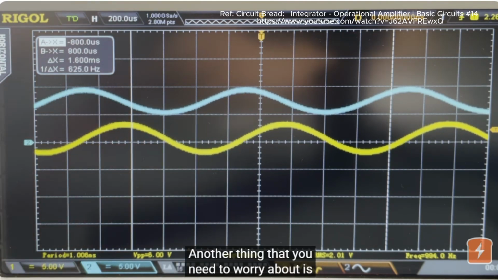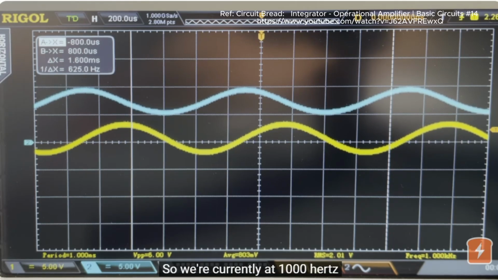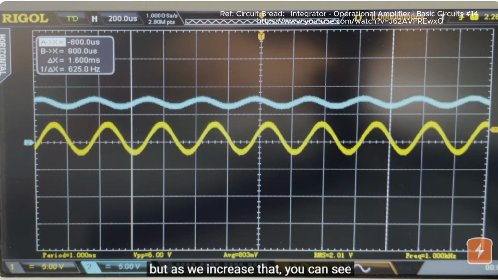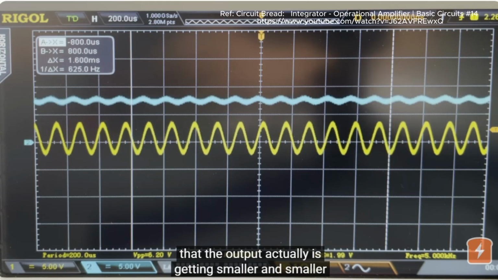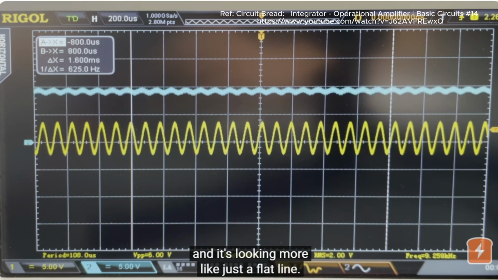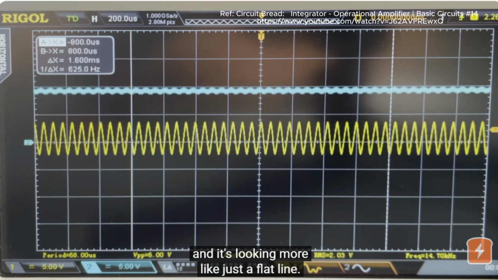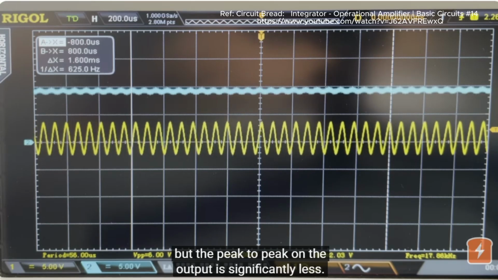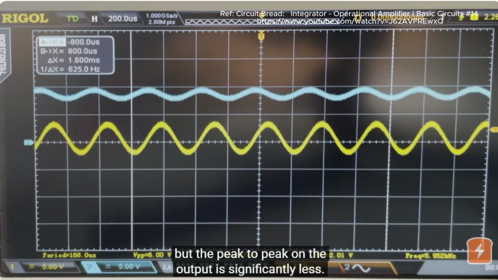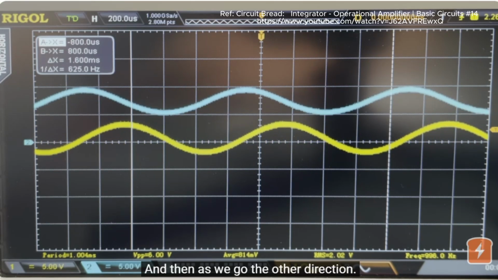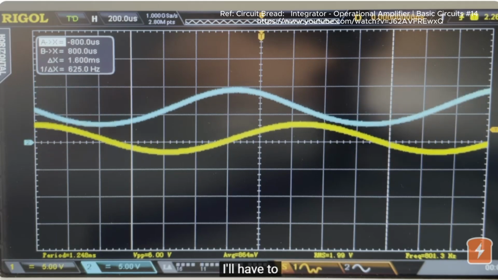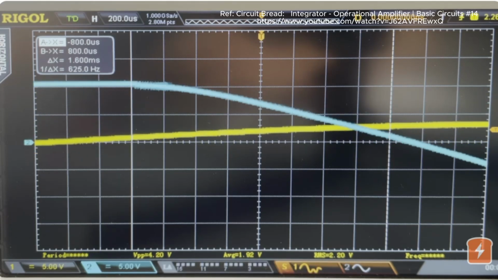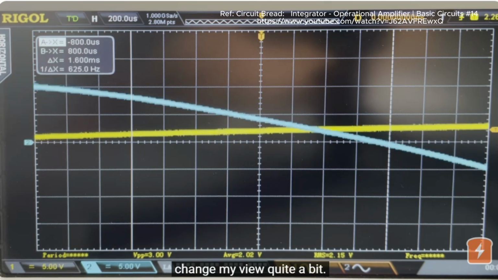Another thing that you need to worry about is that there are bandwidth limitations on this. We're currently at 1000 kilohertz, but as we increase that, you can see that the output is getting smaller and smaller, and it's looking more like just a flat line. You still get a ripple, but the peak to peak on the output is significantly less. And as we go the other direction, and let me get this farther down, I'll have to change my view quite a bit.